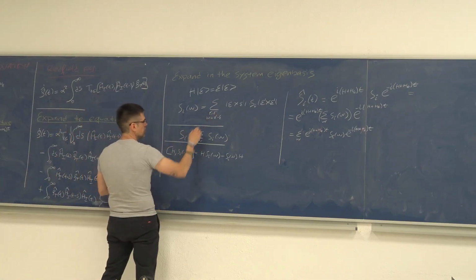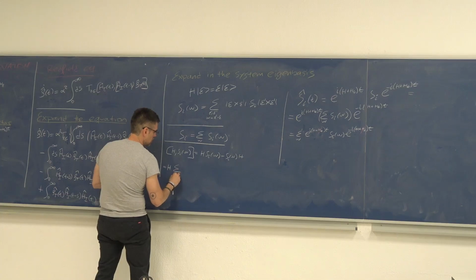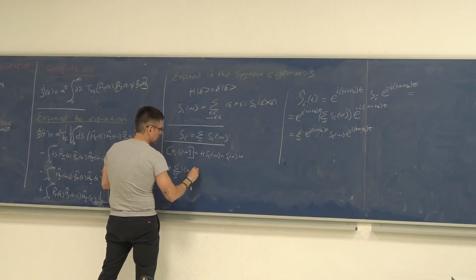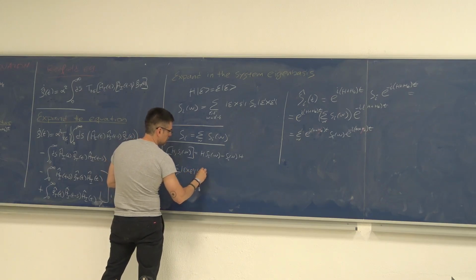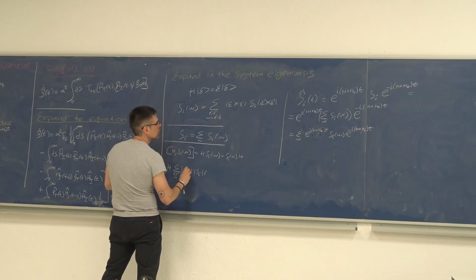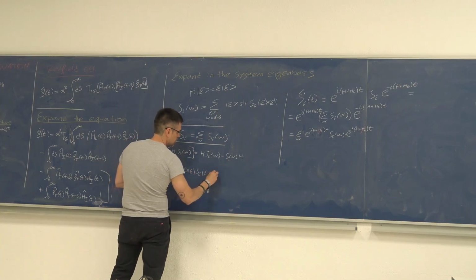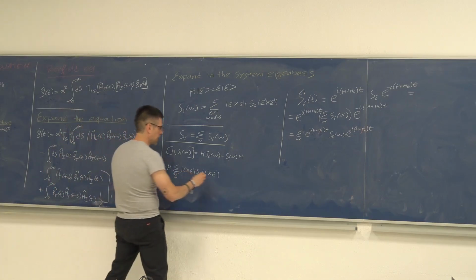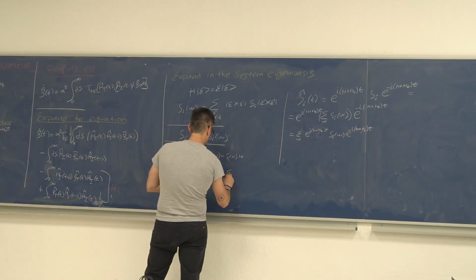Let's use the definition. This is the sum over epsilon prime, with omega fixed, of epsilon prime SI epsilon, minus the sum over epsilon.